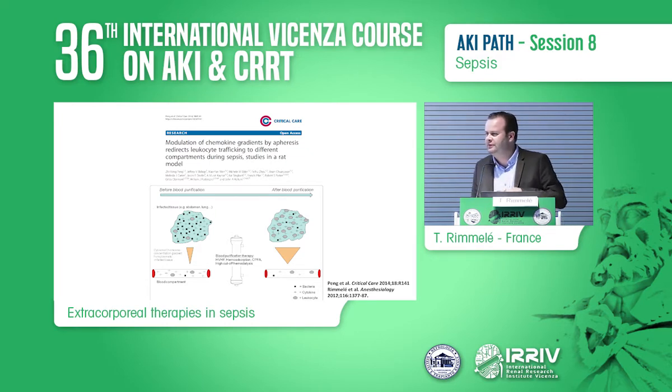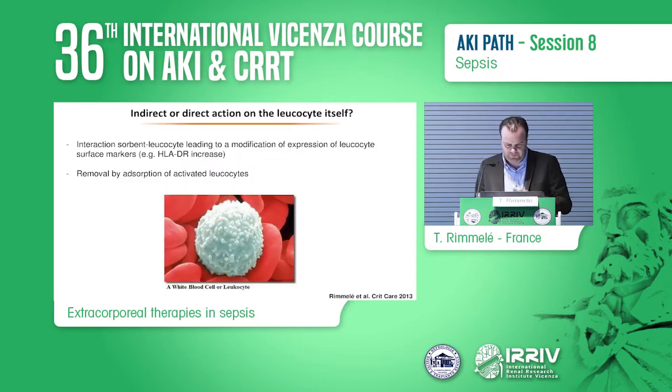And this gradient is very important because we know that this gradient drives the leukocytes to the site of the infection. It tells the cells, okay, you have to go to the lung because this is where the infection is. And so the leukocytes can go to the lung and kill the bacteria. So of course, this is also a hypothesis and needs further work.